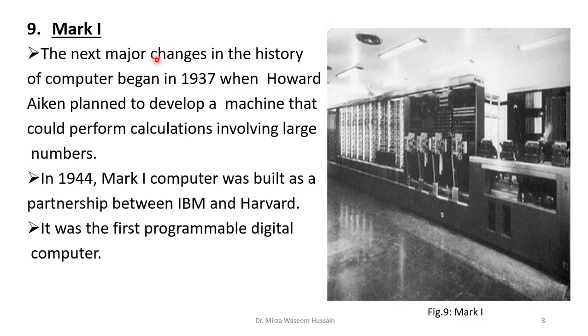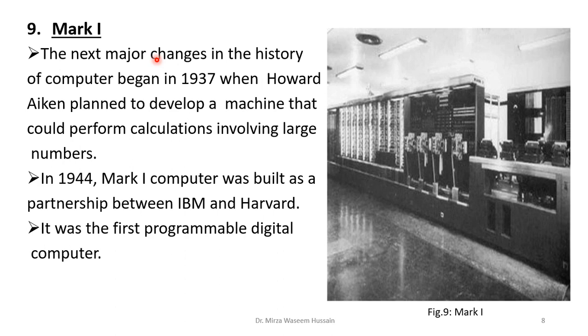And the Mark I was a major advance that changed the history of computers. It was Howard Aiken who planned to build a machine that could perform calculations on large numbers. In earlier times, we couldn't perform calculations on large numbers.